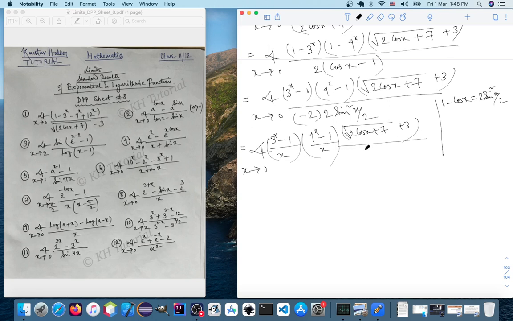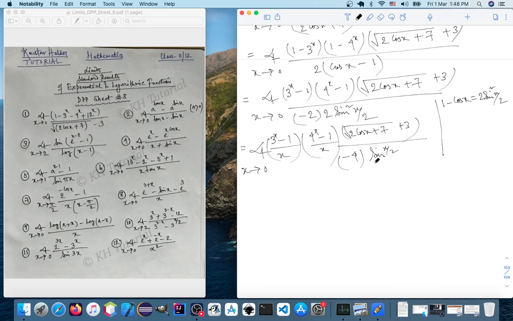Let's multiply the minus 2 and 2. We get minus 4, and we need to have x square by 4 below sine square x by 2, so that we can apply the sin x by x standard result.